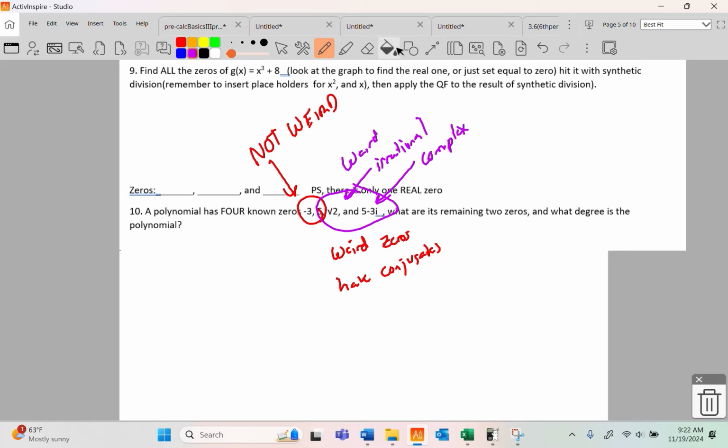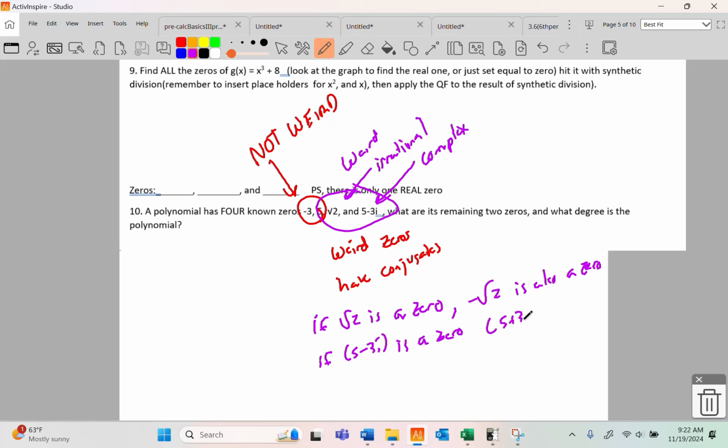So we're going to use our theorems about these. Weird zeros have conjugates. So if root 2 is a 0, negative root 2 is also a 0. And if 5 minus 3i is a 0, I don't know why I wrapped it in parentheses. A lot of times you see that done. 5 plus 3i is a 0.